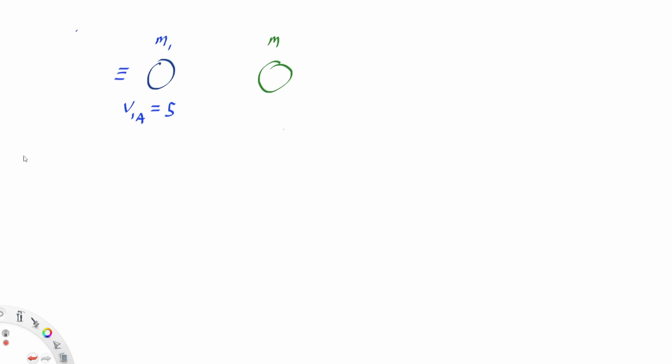Again, we're going to be saying that to the right is the positive direction. Notice that as of yet, we have not pulled out a two-dimensional problem, but we will very shortly. The green marble we will call marble 2. It has mass 2, and its speed before these two collide is 0.